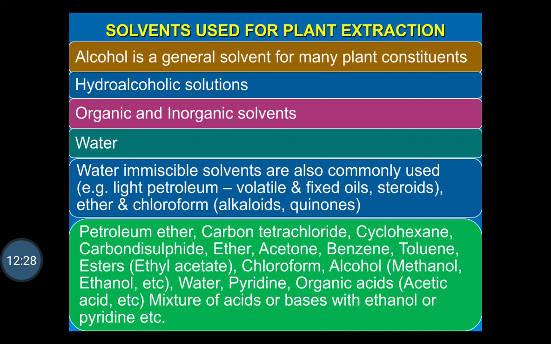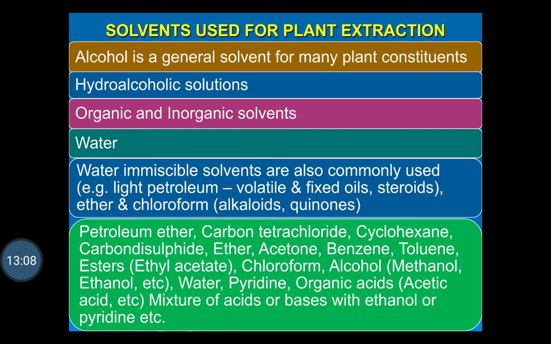In this case, you can use a single solvent, or combinations of solvents can also be used for the process of extraction. So the efficacy of the extraction depends upon the nature of the extracting solvent, the particle size of the raw material, the ratio of solvent to plant material, how much solvent you are using for the process of extraction, then the temperature at which the extraction is carried out, that is, at a higher temperature the extraction will be more as compared to a lower temperature.